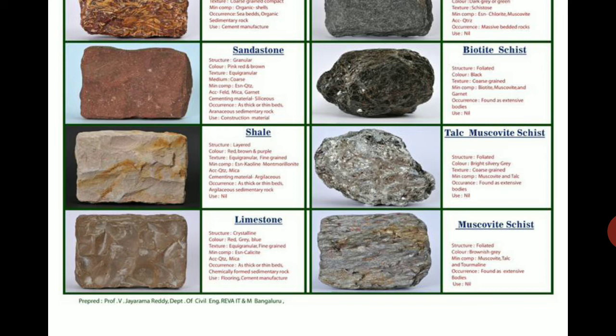Occurrence as thick or thin beds, a chemically formed sedimentary rock. Use: limestone will be used for flooring and cement manufacturing, as the main raw material for the cement industry.